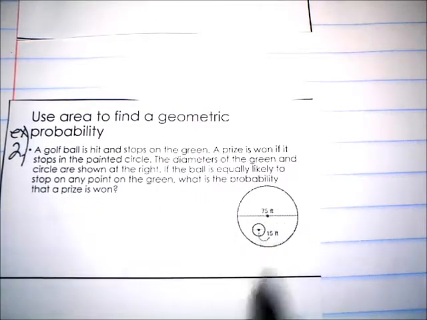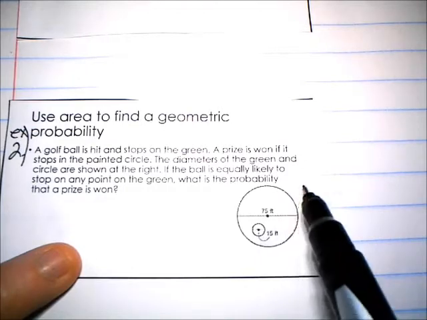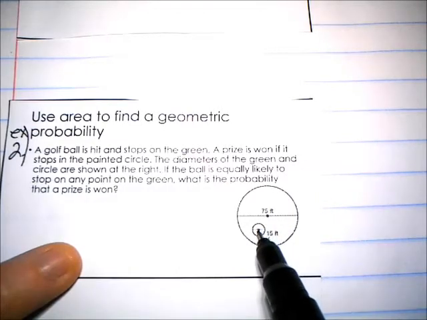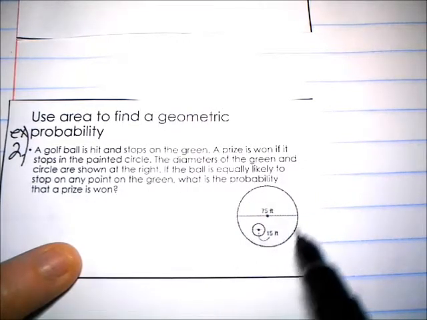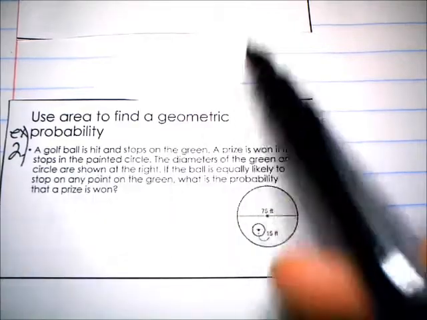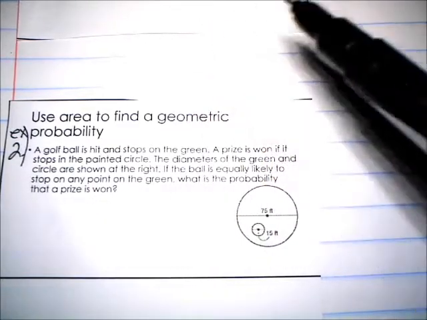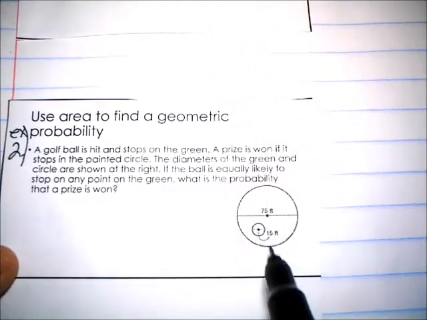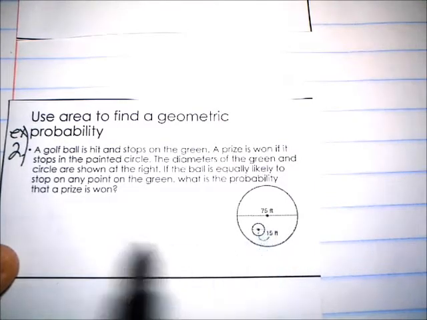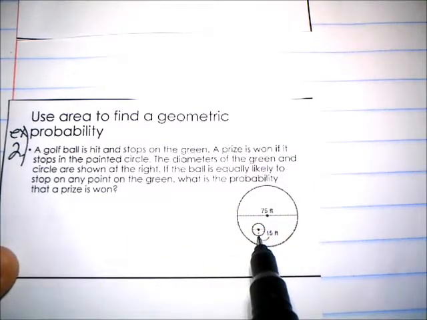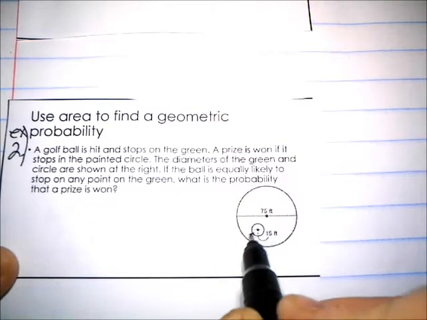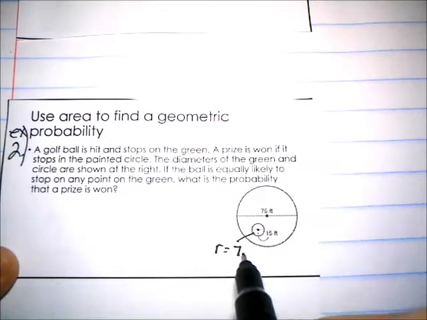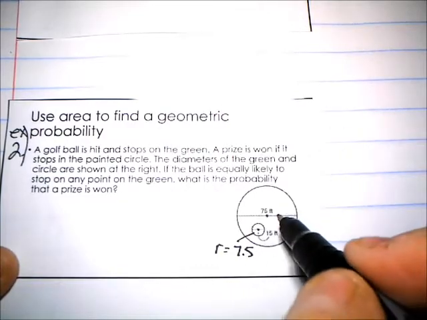So using the definition above where it had probability and area, I'm going to find the area of the small circle. For that little circle the diameter is 15, so the radius will be half, which means that's 7.5. And then for the large circle, what's half of 75? That would be 37.5.